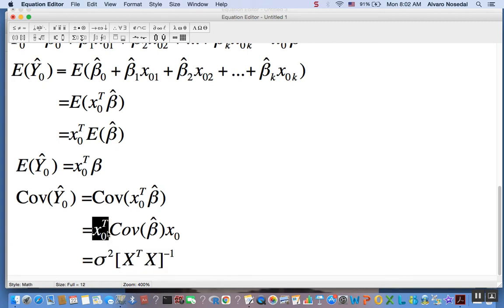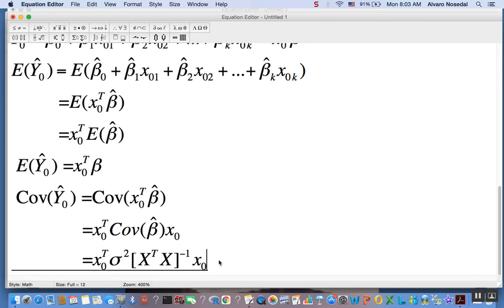So we have x0 transpose times this guy times x0. Okay. Note that we're going to be able to compute that product. Okay, it's going to have the right dimensions. So this is a constant, so we can pull it out. Let me just place some parentheses here.